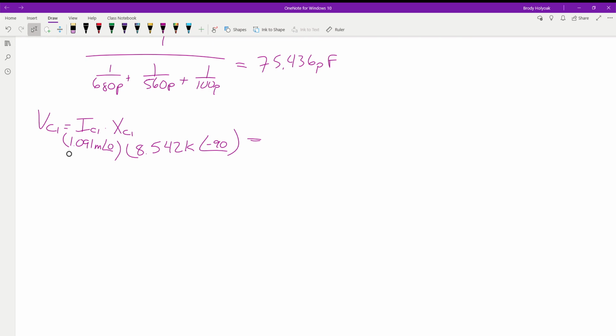The resistance, 16.2, shouldn't be quite that much. Okay, because we got 1.091 times the 8.542K. So the milli and the K are going to cancel each other out. So if you take the 1.091 times the 8.542, what is that going to give you?